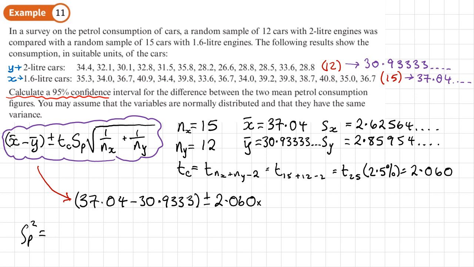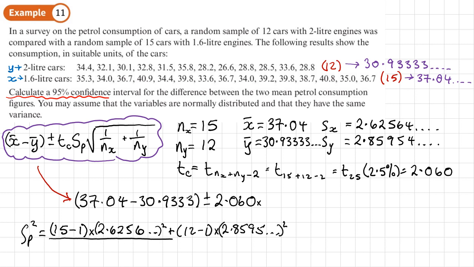Okay, so that's going to be the number in sample x minus 1, so I'll write the whole thing out, so 15 minus 1 times by the variance of my x population, so it's going to be that number squared, so 2.6256 squared, and then we add to that ny minus 1, so 12 minus 1 times by the variance of y, so that's going to be 2.8595 squared, and then all of that needs to be divided by n sub x 15 plus n sub y 12 minus 2.